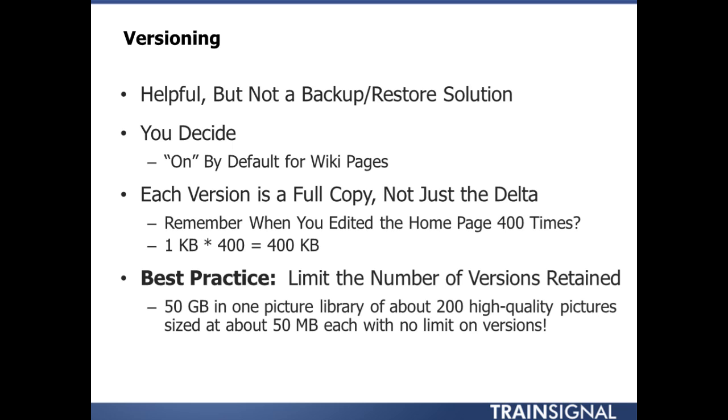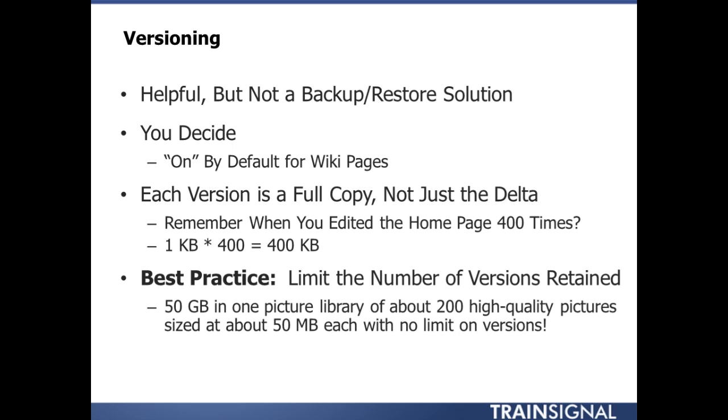Please take care to place some governance around versioning to limit the number of versions that are retained. Now, the most difficult part about this is actually enforcing it, because it has to be turned on per list, per library. You might have thousands of libraries across your SharePoint deployment that make use of versioning. So without some automated reporting mechanism, there's really no way to tell where it's turned on and how limits are configured if they are.